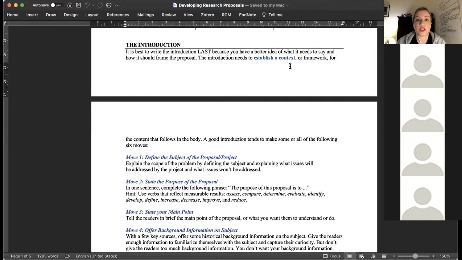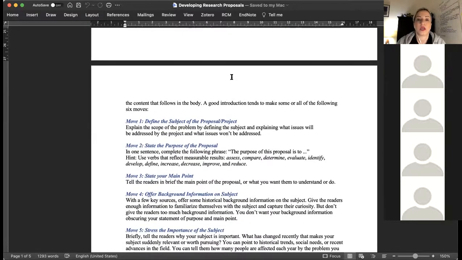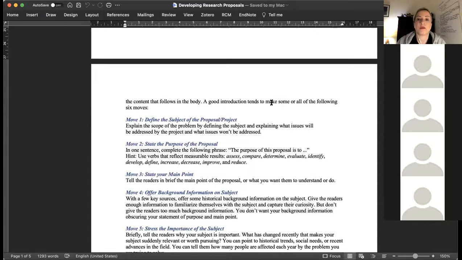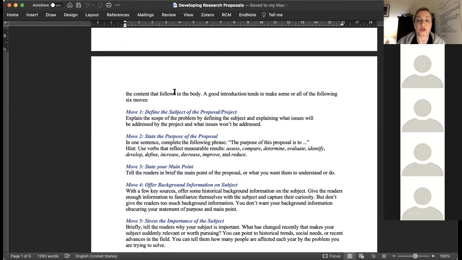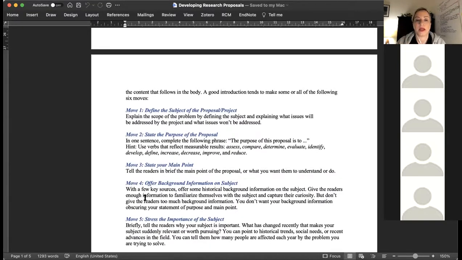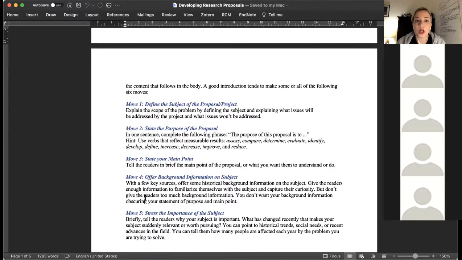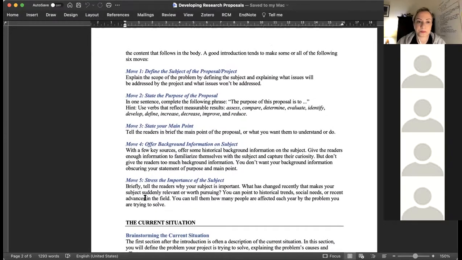So the introduction establishes a context or a framework for the content that follows in the body. A good introduction needs to make some or all of the following 6 moves. So we have 6 rhetorical moves that the introduction should implement. If not all, at least, most of them.